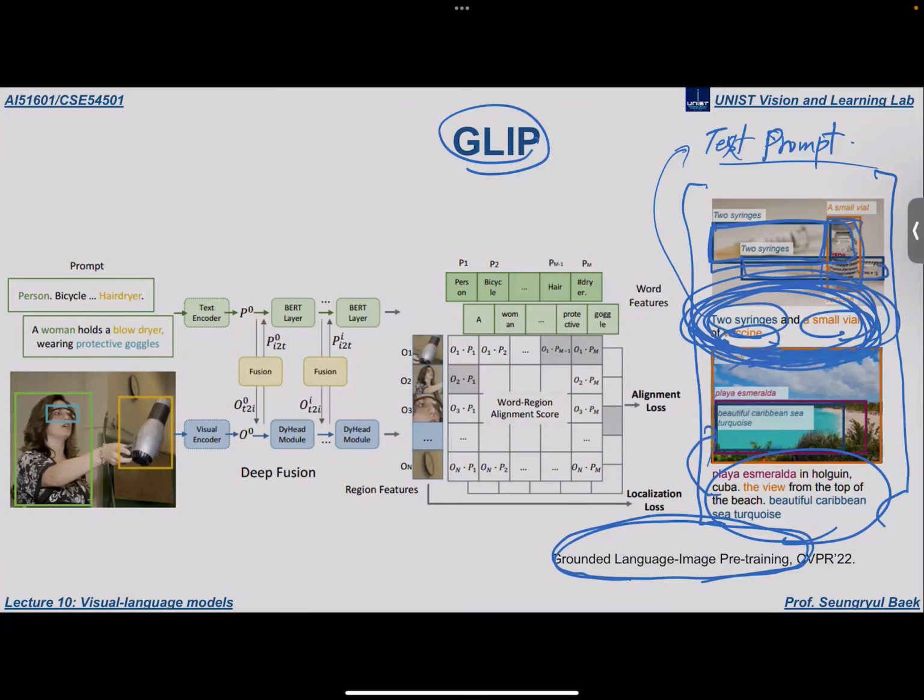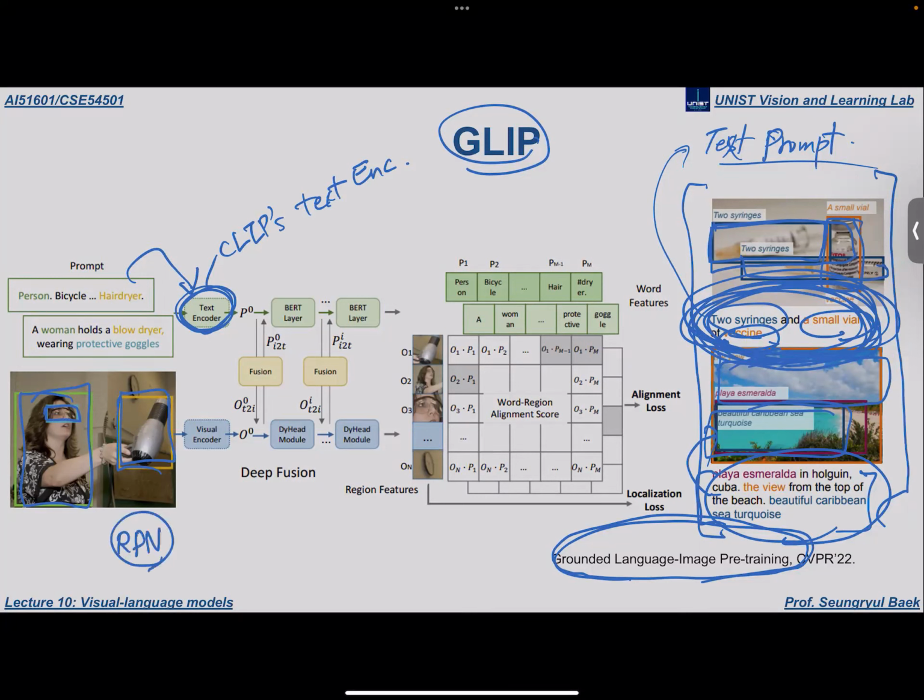This is also a similar result. Given this sentence, GLIP finds the bounding box which is related to the words. What they do is use CLIP's text encoder here for encoding the sentence prompt. And they find this type of object proposals, initially using some selective search algorithm or the RPN.